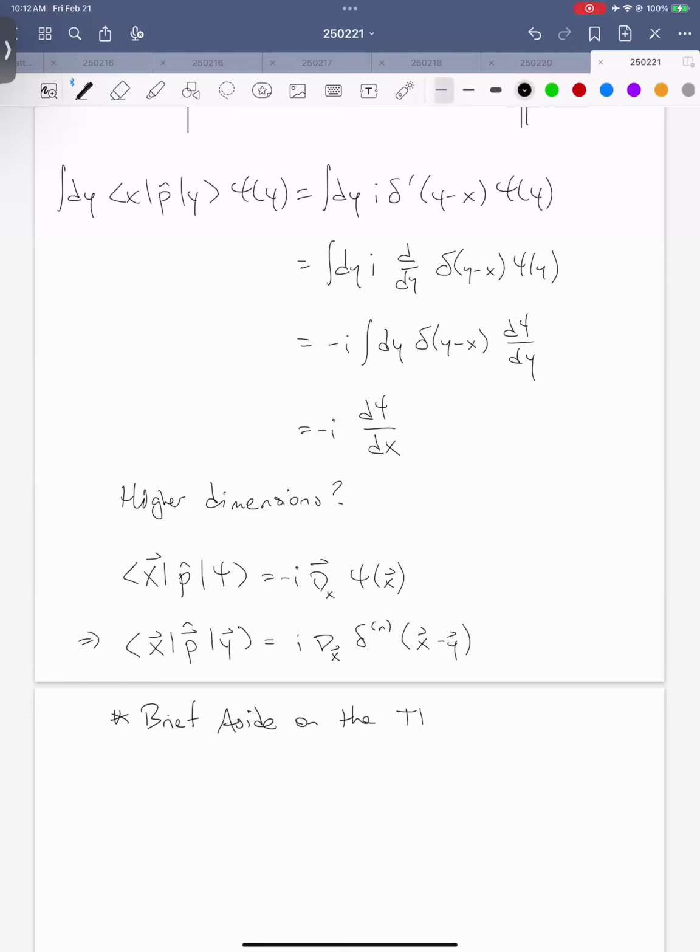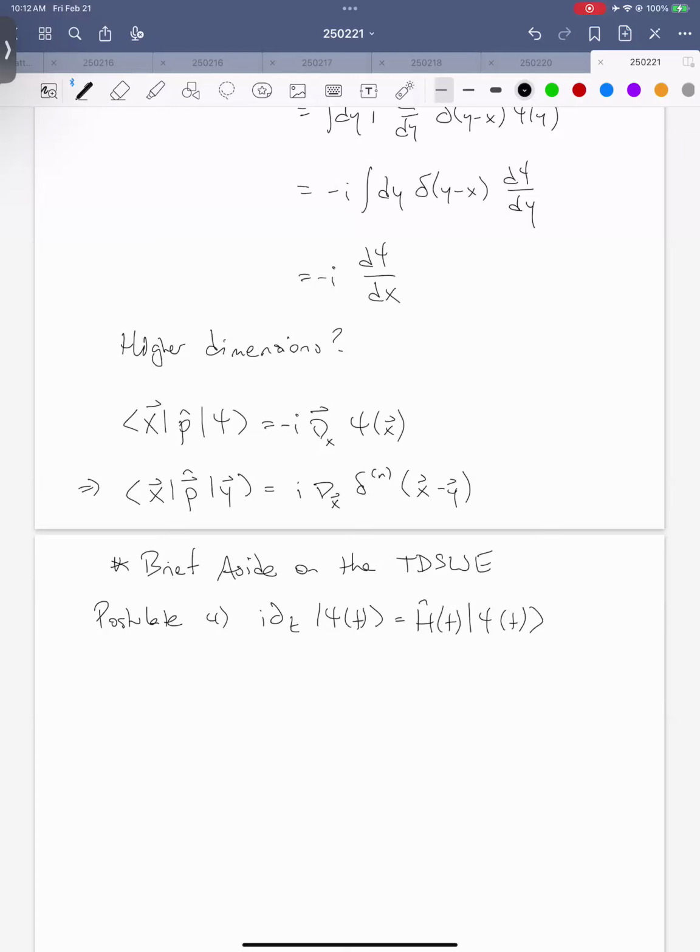So, a brief aside on the time-dependent Schrödinger wave equation. Postulate 4 said i partial t on psi of t is equal to the Hamiltonian operator at time t acting on the state psi of t.